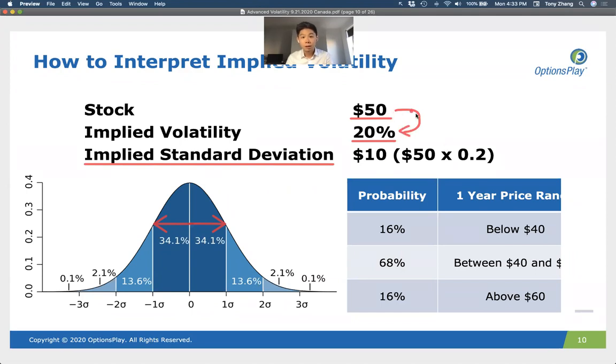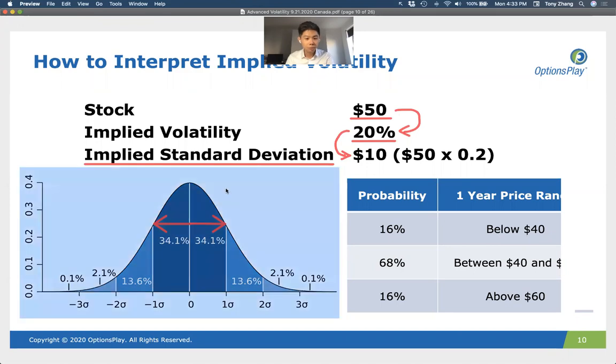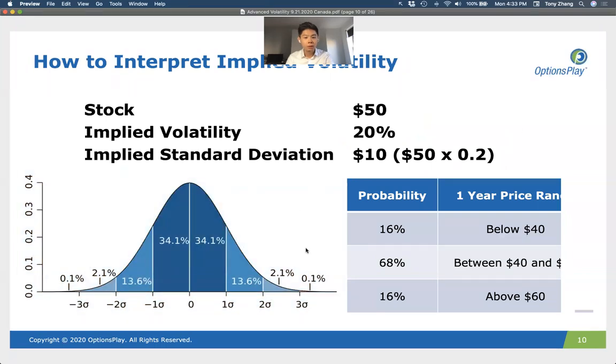If we took a $50 stock and multiplied it by 20%, if the implied volatility of the option is 20%, what that means is that this stock will have a 68% chance of moving either higher by $10, up to the $60 range, or to the $40 range to the downside, a $10 move to each side, because 50 times 20% is $10 to each side.